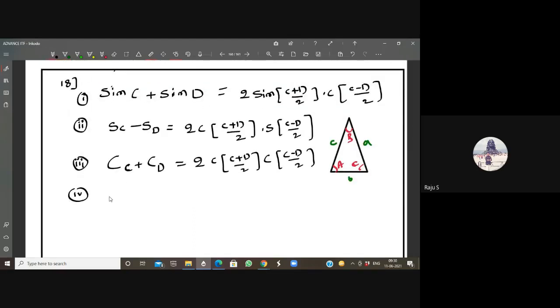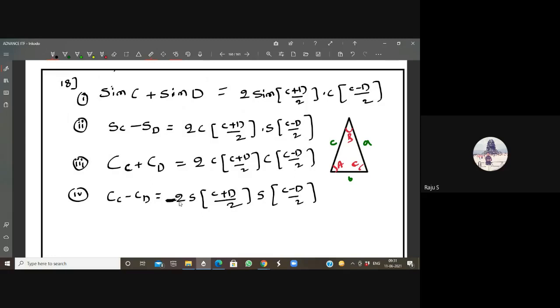Then cos C minus cos D is equal to 2 sin (C+D)/2 sin (C-D)/2. The difference is that here it is minus, not plus.